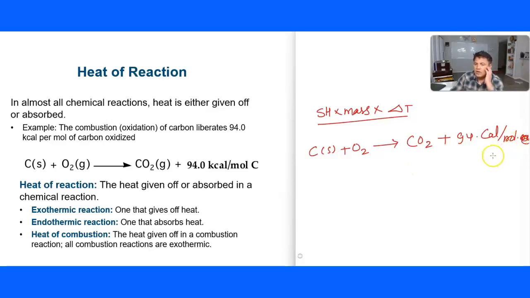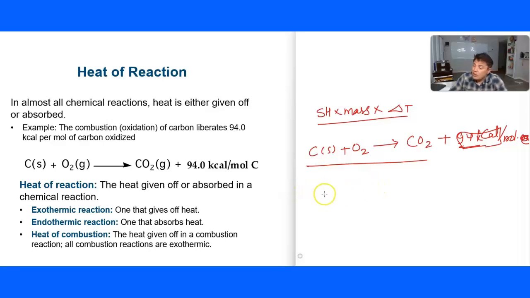Oh, sorry, that is kilocalorie actually, kilocalorie per mole. So 94 kilocalories of heat this reaction will give in 1 mole. So the heat of reaction is the heat given off or absorbed, right? Either it takes heat or it gives heat.